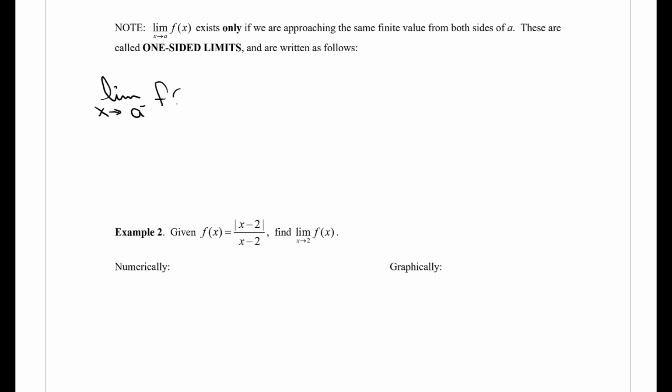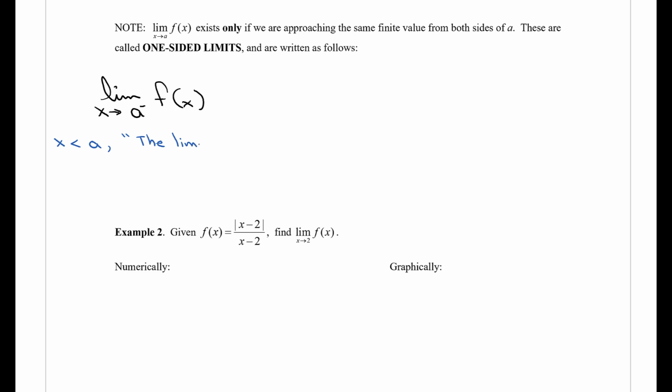When I say from the left, I'm drawing what looks like an exponent of a negative, just the negative right above the a, towards the right-hand side of the a. And that's going to represent the limit as x approaches a from the left of f of x. I'm going to write underneath it, x is less than a, because here the values are going to be less than a.